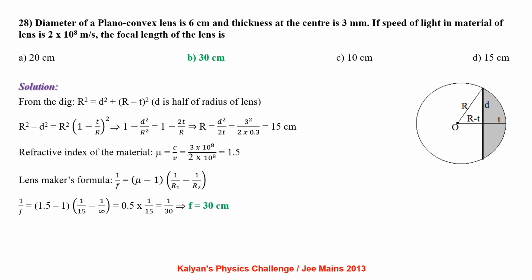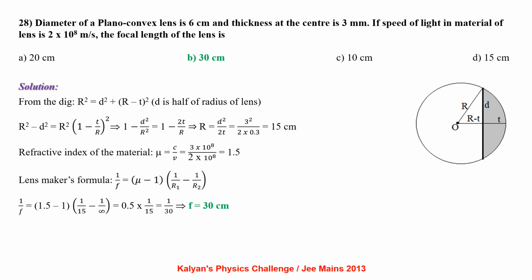Diameter of a plano convex lens is 6 cm and thickness at the center is 3 mm. If the speed of light in the material of the lens is 2 into 10 power 8 meter per second, the focal length of the lens is. From the diagram, we can write R square equals d square plus R minus t whole square, where d is half of the diameter of the lens. So R square minus d square equals R square of 1 minus t by R whole square, from which we get R equals d square by 2t, that is 15 centimeter.